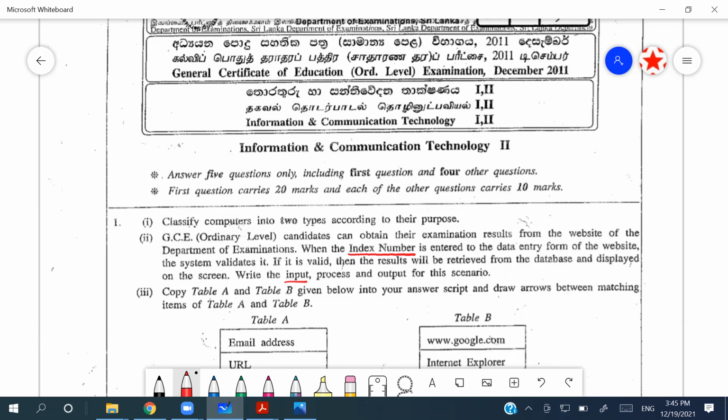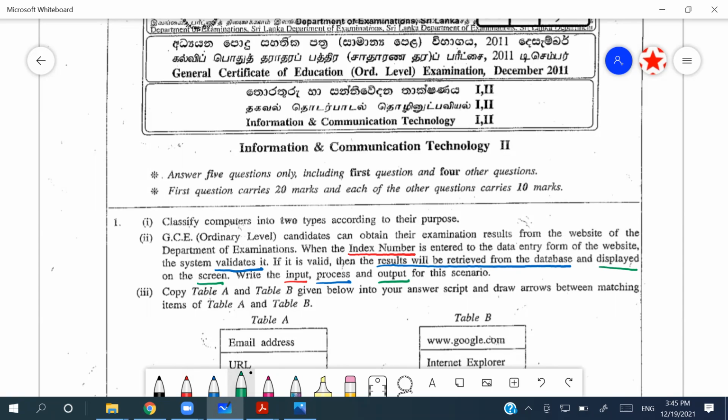right? Then process, there are different processes, people. Validating the index number is one of the processes, right? Retrieving the result from the database is another process. And output is going to be the result on the screen, right?